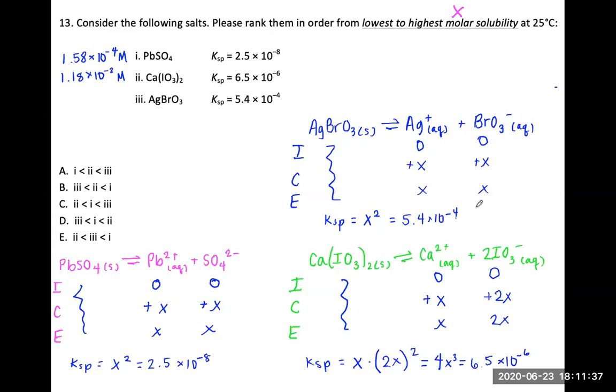And so then we'll just take the square root to find our molar solubility. And when I do that, I get 2.32 times 10 to the minus 2 molar.